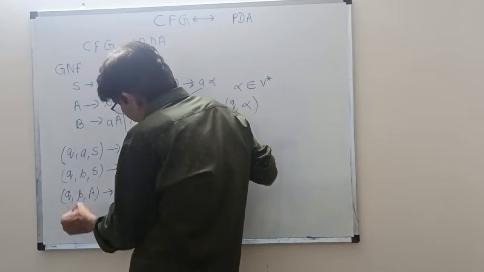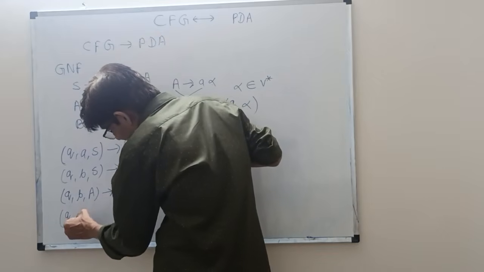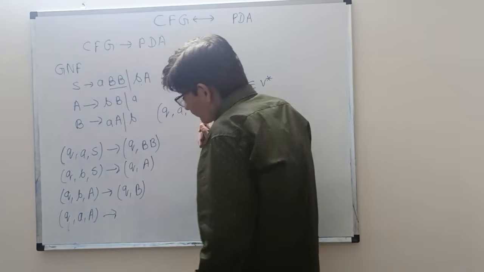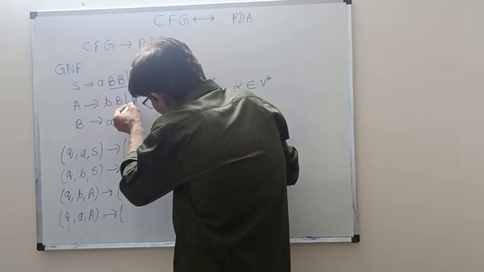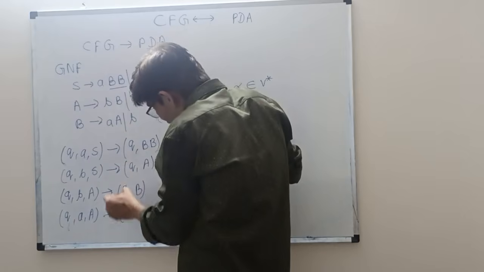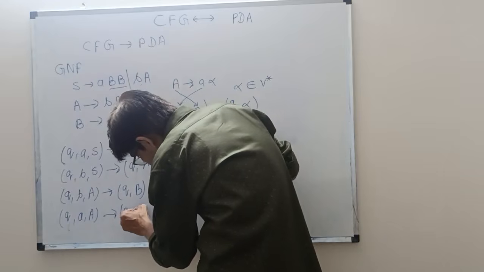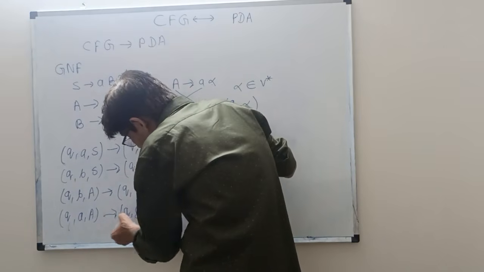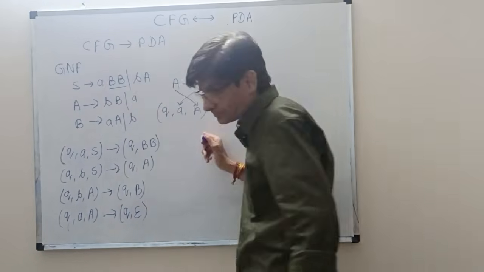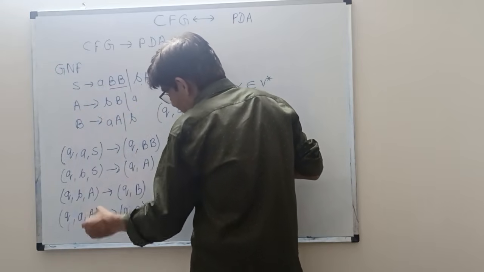Now I'm in state Q, reading A, and the current stack top is A. Here we do not have anything after A, so we can consider it as epsilon. I can stay in Q, but I mention epsilon here. This means we are popping one element from the stack. This is how these two productions convert into corresponding transitions.